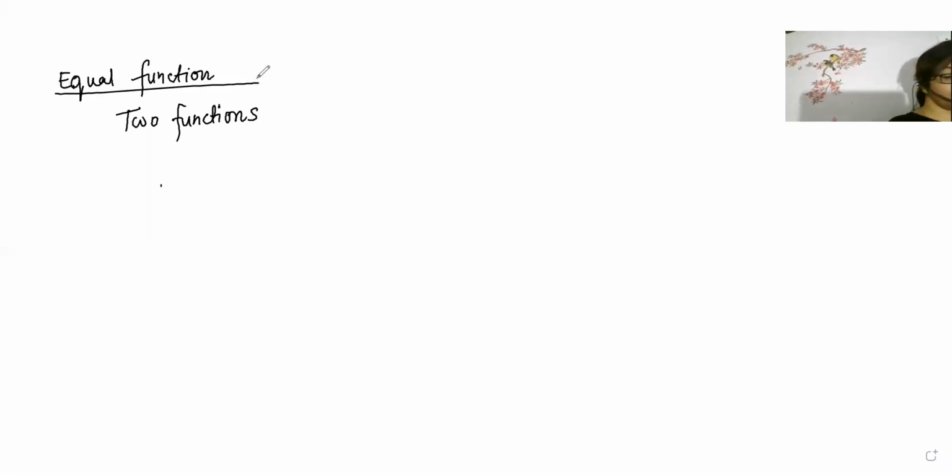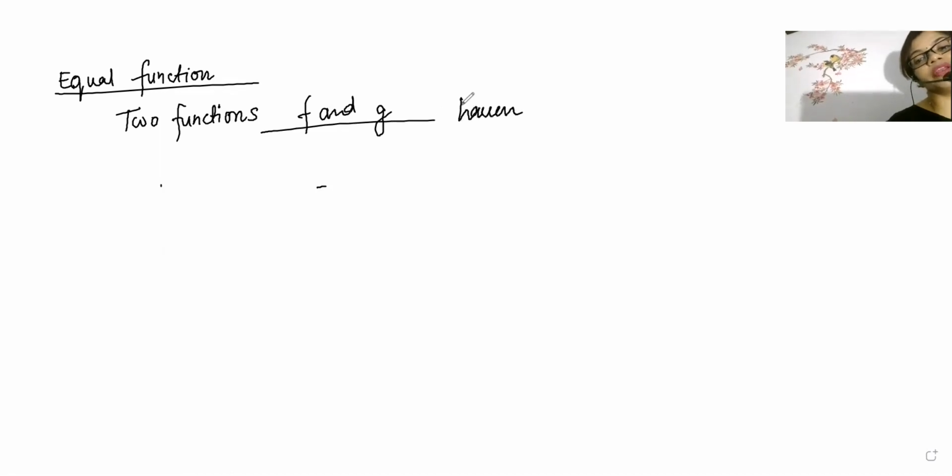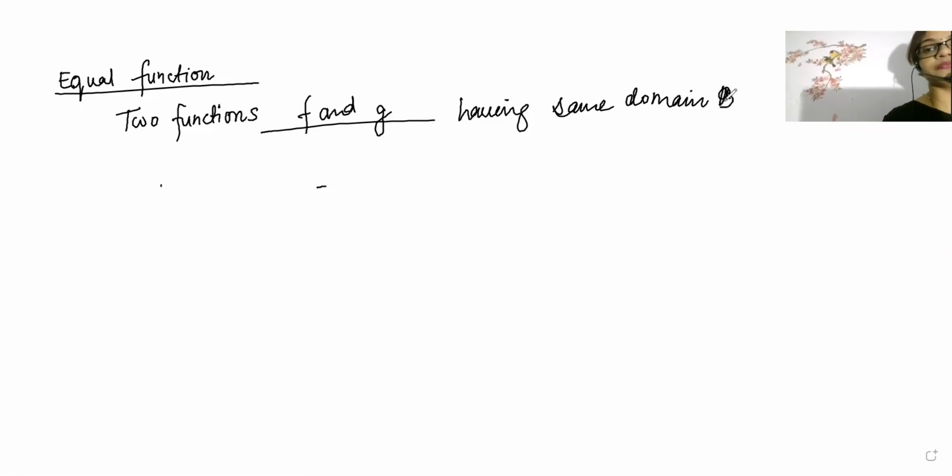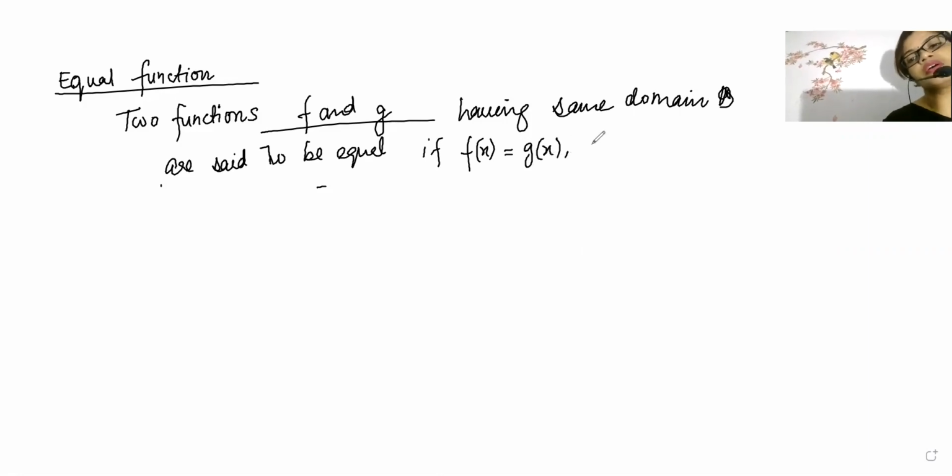Two functions f and g, we don't know what they are, but two functions f and g having the same domain are said to be equal if f of x is equal to g of x for all x belonging to the domain.